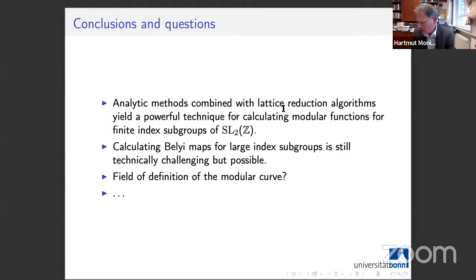I think one of the more promising ideas would be to look at Heegner points and really understand how to approximate the j-function at the Heegner points p-adically. I think that would help dramatically to calculate Belyi maps. If I had any idea of how to calculate a given Hauptmodul at the Heegner points, that's enough.